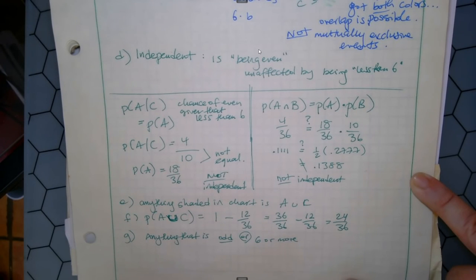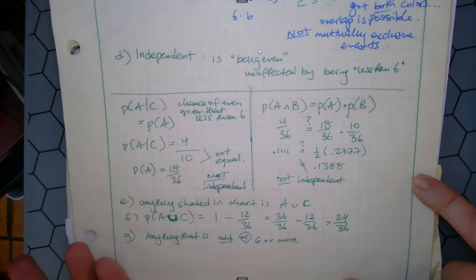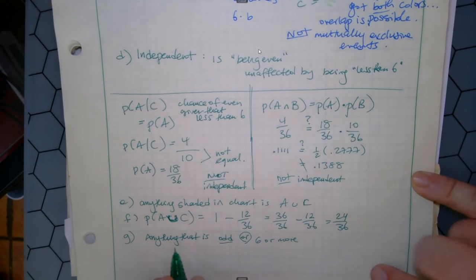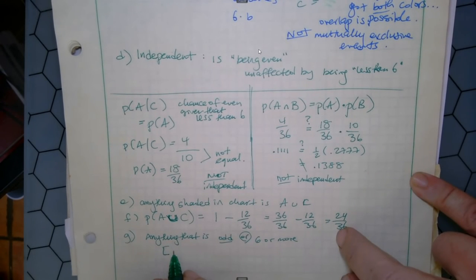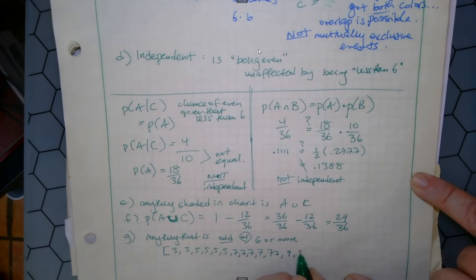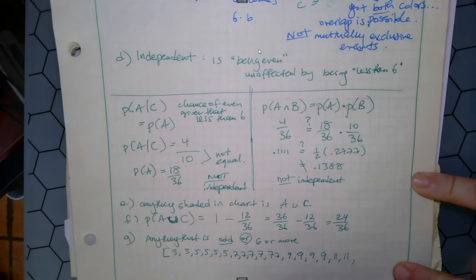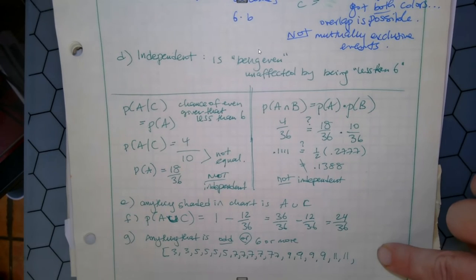So I would list out all 18 odd numbers. Right, so we're going 3, 3, 5, 5, 5, 5, 7, 7, 7, 7, 7, 7, 9, 9, 9, 9, 11, 11. And then I need to add everything that's 6 and above.